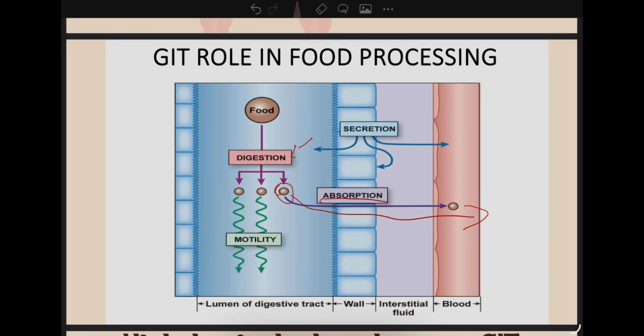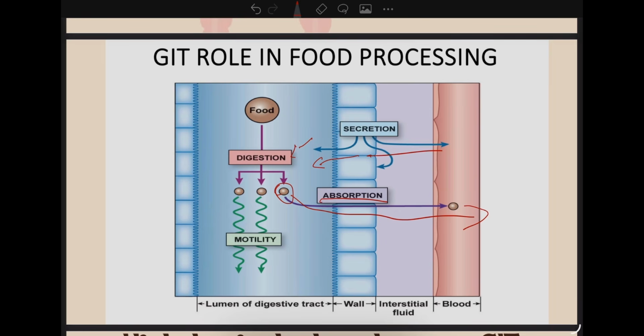Now, secretions. Secretions could be many different things. Either you secrete something from the cells of the wall into the lumen, like hydrochloric acid, for example. You are secreting hydrochloric acid from the stomach into the cavity of the stomach. Or it could be paracrine secretions, which means it affects neighboring cells. We will be talking more about that later. Don't worry if you don't get it now.